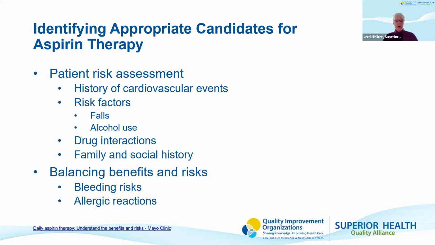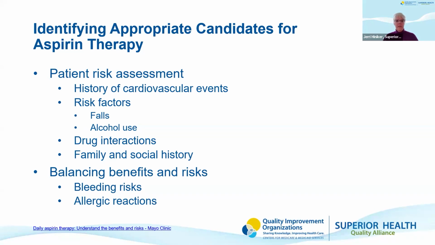Also, what are their other risk factors? Is this an elderly patient or a patient who's at risk for falls? They're probably not going to be a good candidate for aspirin because of the potential for bleeding risk. Also, for patients who are using alcohol, there are contraindications for a daily aspirin. Do they have any drug interactions if you're going to be putting them on aspirin?